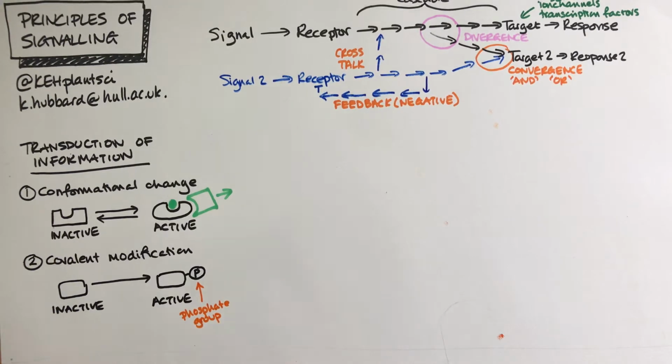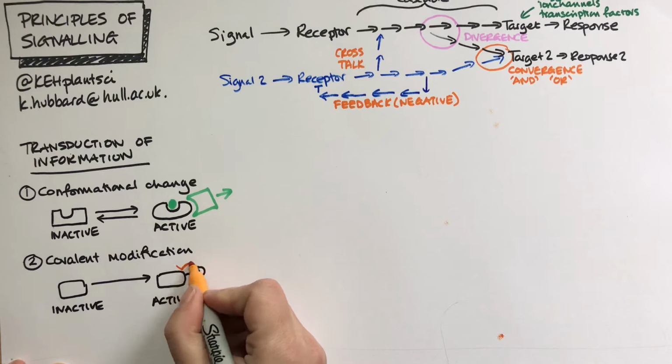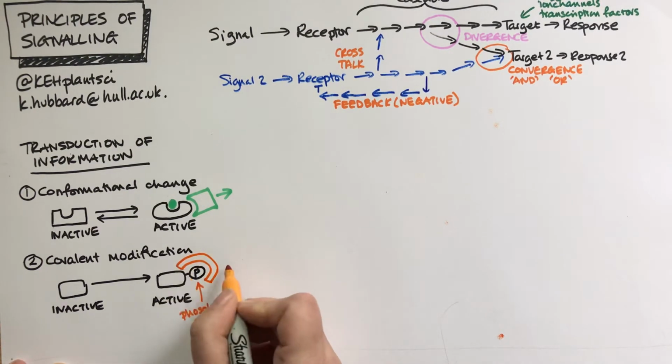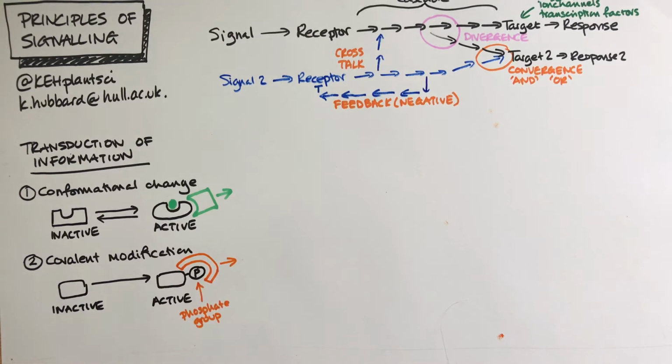And again, that phosphate group then provides a new binding site. So we might have a protein that binds like this, which again will take down the information. So in the inactive form, without the phosphate group, it can't bind, but in the active form, it can. And that gives us two really important enzymes that are involved in covalent modification.